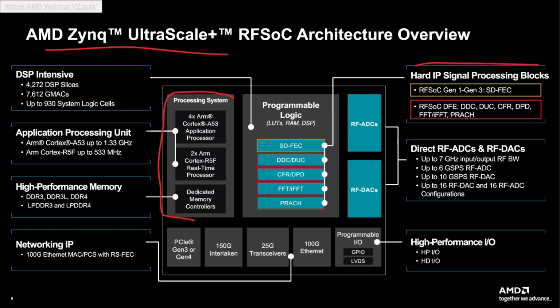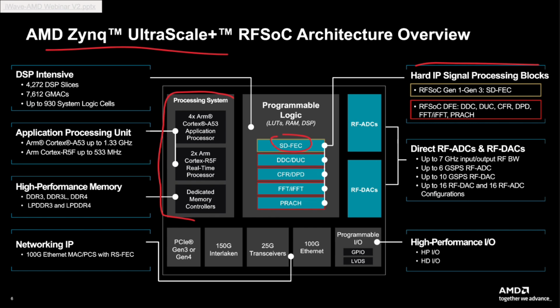So we have an SD-FEC, a soft decision forward error correction. That's in the Gen 1 through Gen 3, and it's a hard block. The reason we put in hard blocks is it reduces the power consumption and area for that specific IP.